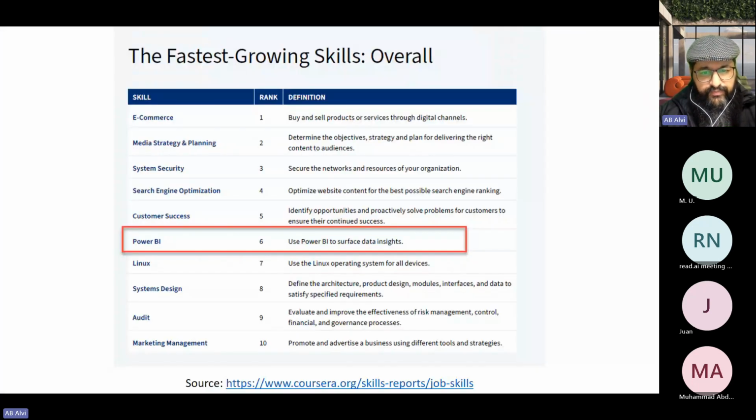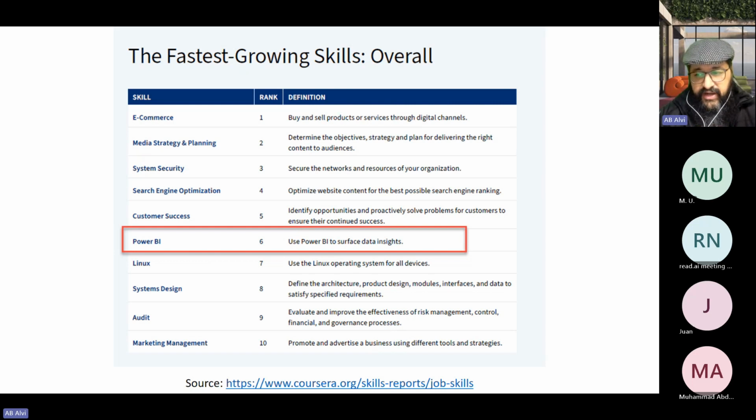So now, why Power BI? A lot of people know what Power BI is in terms of business intelligence, so I'm not going to talk about it, but it is very important to highlight that it is one of the fastest growing skills all over the world.